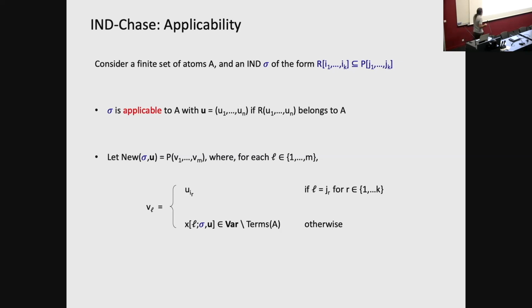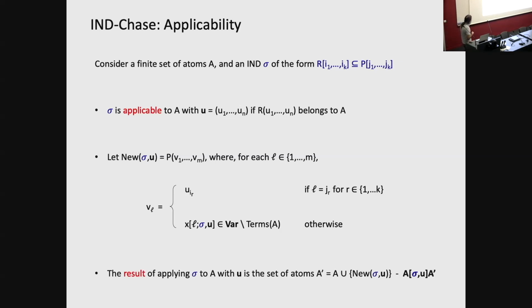The only reason why I did that is to have a deterministic way of giving names to these variables. And of course, this is a variable coming from the countably infinite set Var, and it's a variable that doesn't appear in the set of atoms A.